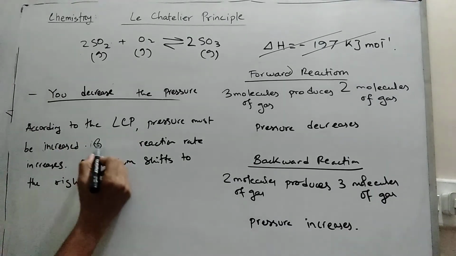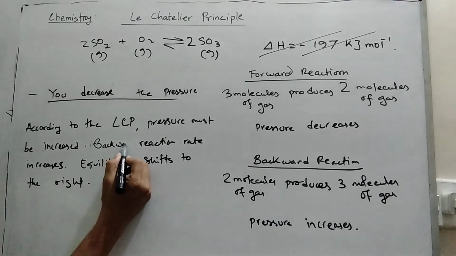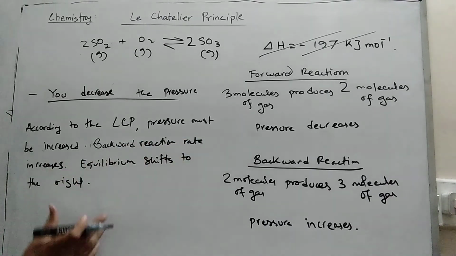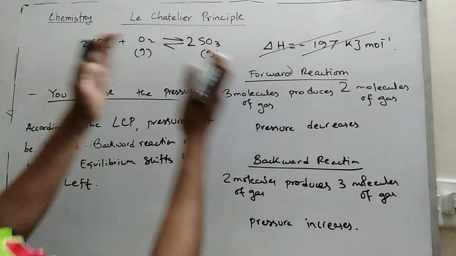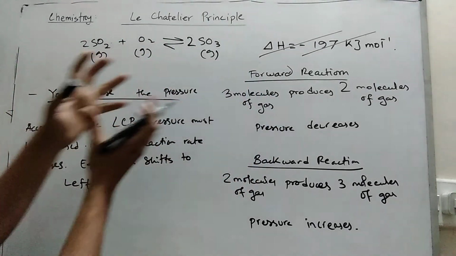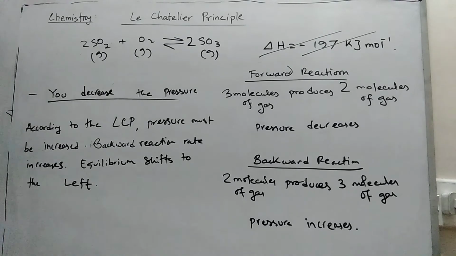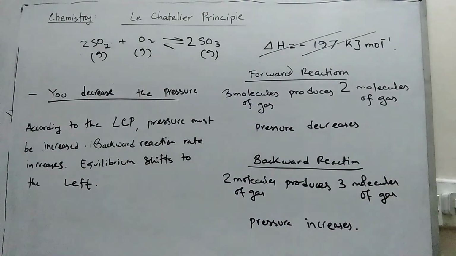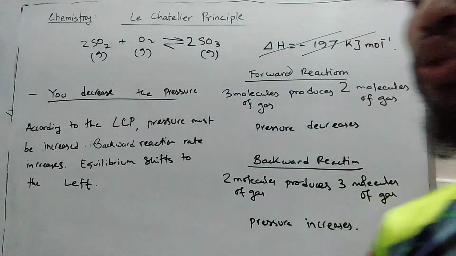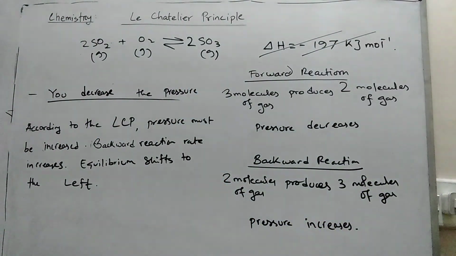So the backward reaction rate will increase, and equilibrium shifts to the left hand side because the backward reaction rate is increasing. This is how pressure affects the equilibrium position, and this can be explained using Le Chatelier's principle. Alright.